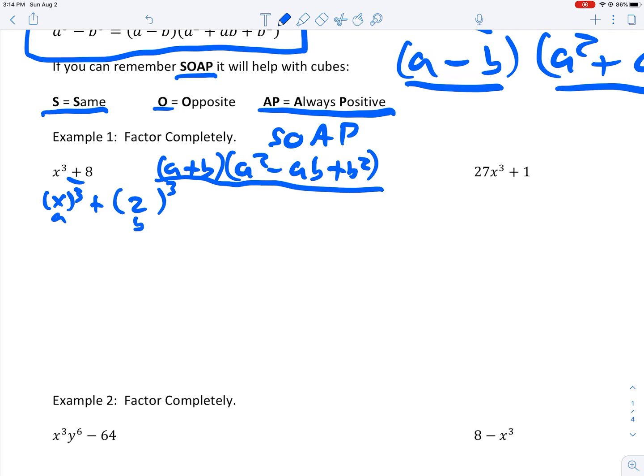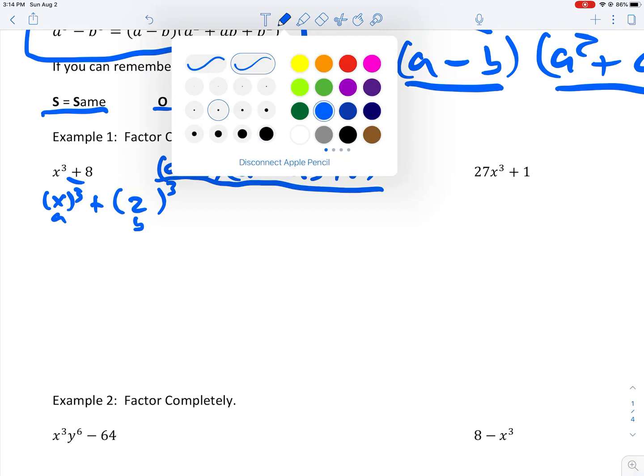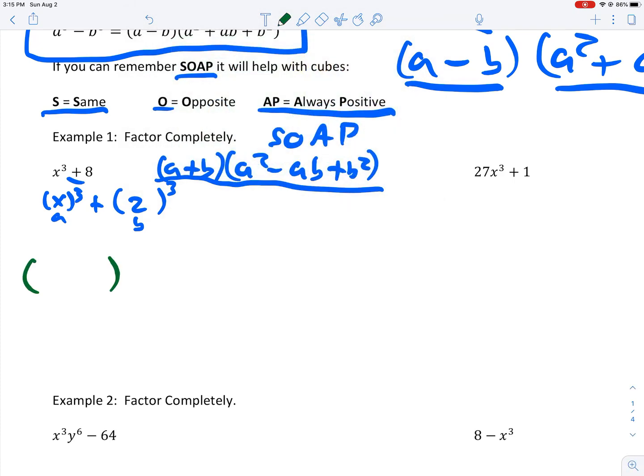So wherever I see an A up here in blue, I'm going to put x. Wherever I see a B, I'm going to put a 2. It starts off with the binomial part, so we have x, we have 2. It's same sign, so it's plus. Then it's a trinomial. Every time, binomial, trinomial: 2 terms, 3 terms.